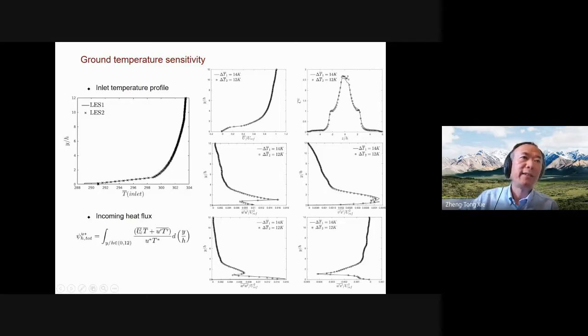So the mean quantities are also very small, regardless of the 2-degree difference. Overall, the small temperature difference on the ground makes very little difference. So this is a good point: we don't need to worry about the small uncertainties in the wind tunnel test.